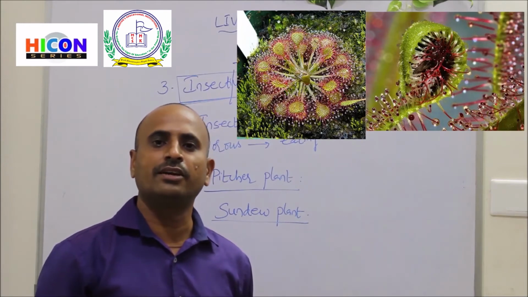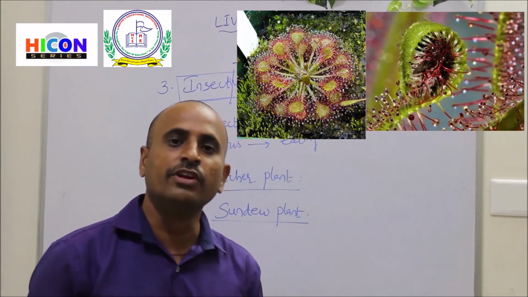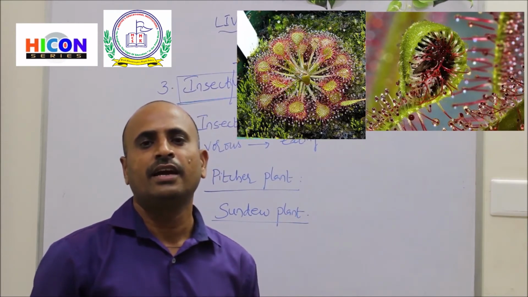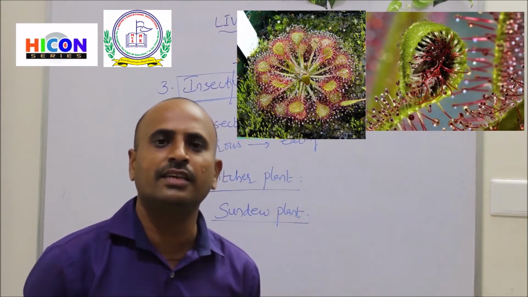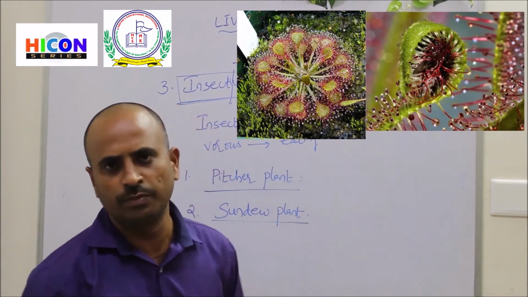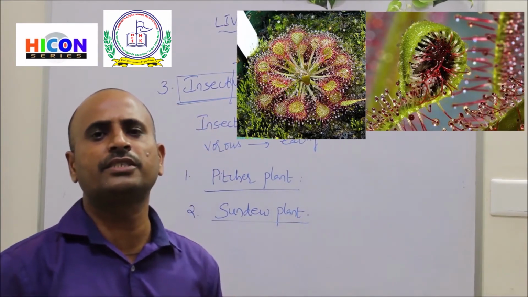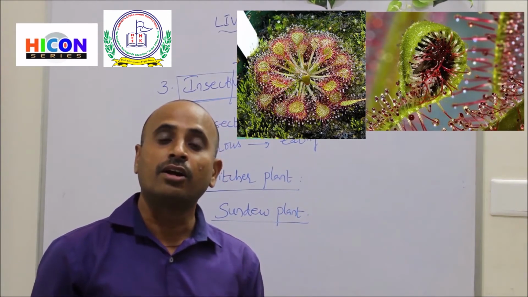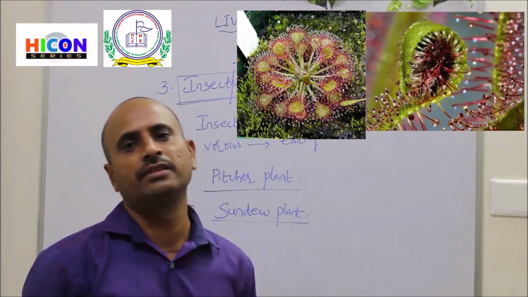When the insect comes near the leaves, the leaf folds over the insect and kills it, digests it, and absorbs the nutrients. So this is about the sundew plant. It has hair-like structures with a gum ball at the end of each hair.